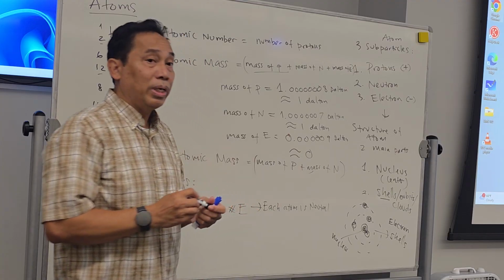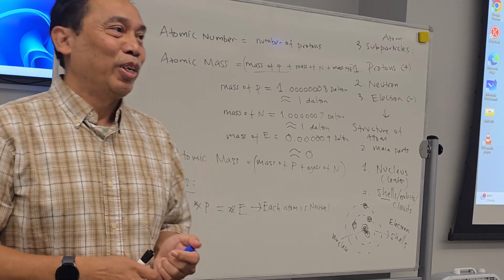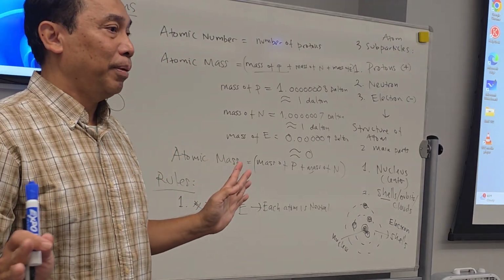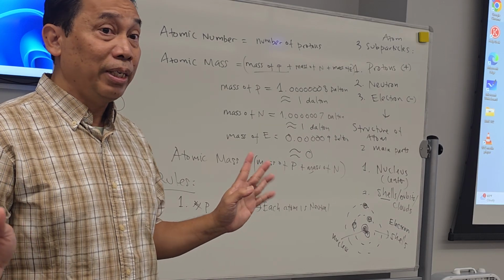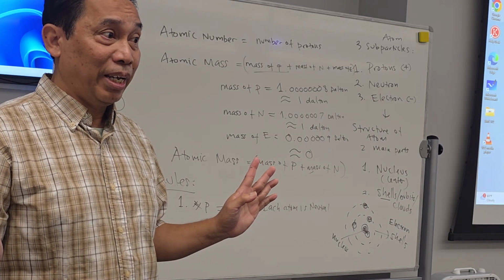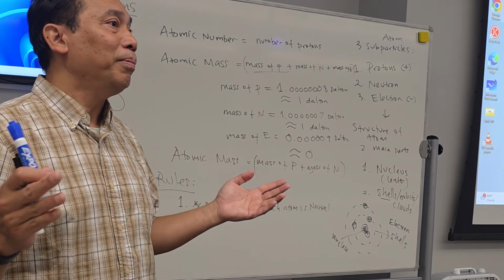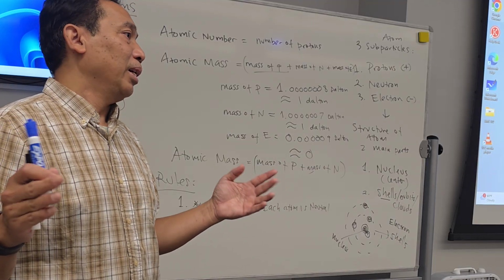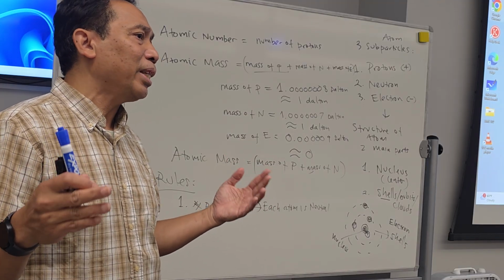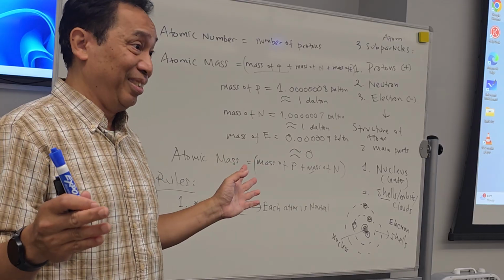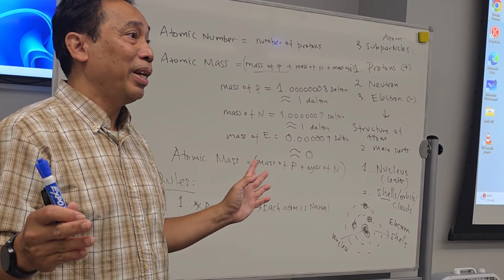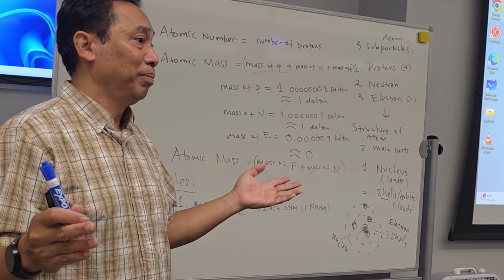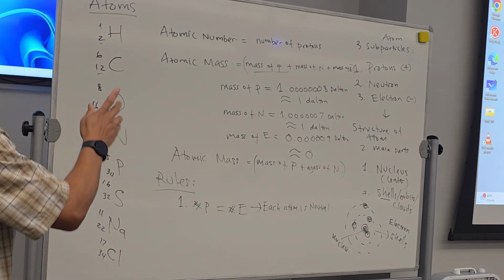An atom is always neutral, because positive and negative are the same. Can you follow this one, right? Therefore, you will see some atoms that actually carry charge, but the name is not atom anymore. You're going to see it later. It is not called an atom anymore if it carries charge. Okay, now, that's the first rule.